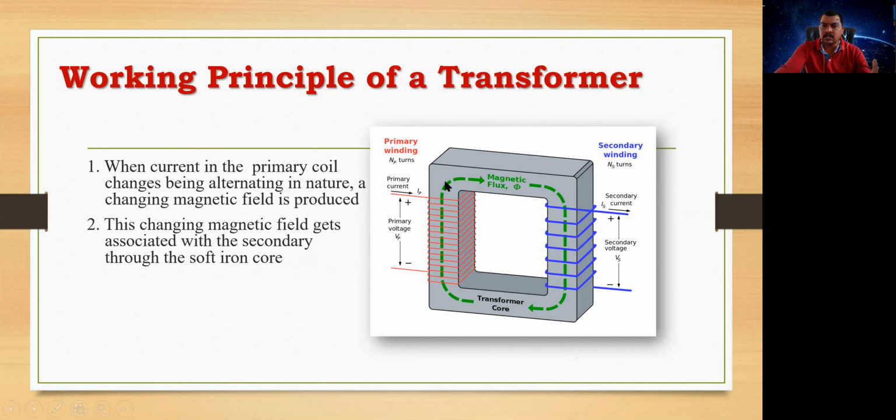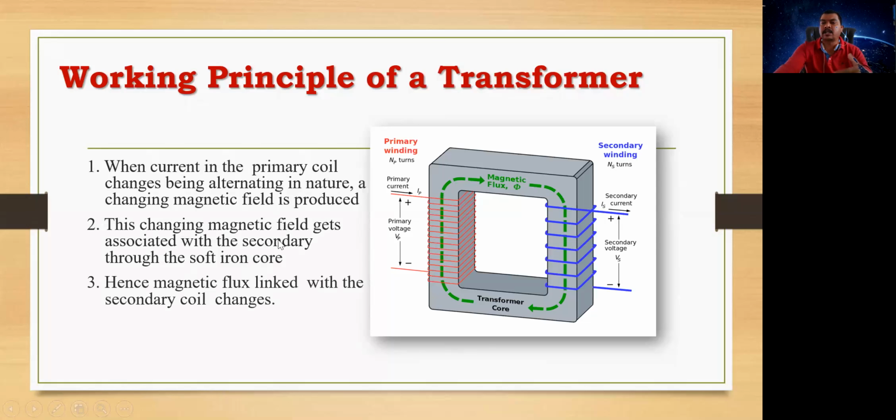So this is the iron core that we have in between. The magnetic flux linked with the secondary coil changes, and this induces the EMF in the secondary.